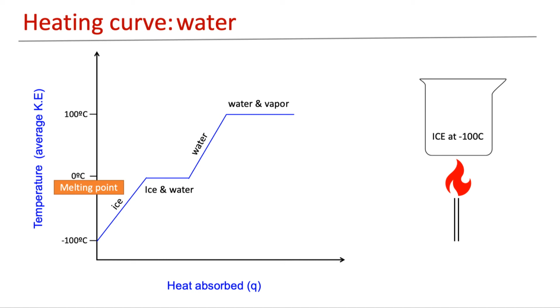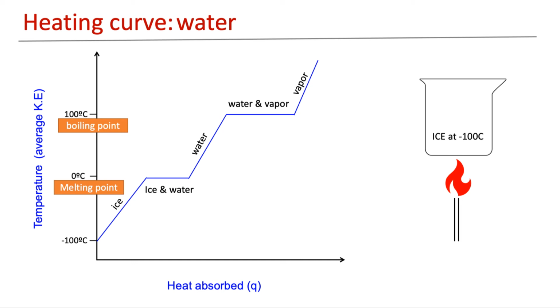The temperature at which the liquid water changes to water vapor is called the boiling point. And for water, the boiling point at atmospheric pressure of 1 atm is 100 degrees Celsius. Now, once all the liquid water is changed to vapor, the temperature of the water vapor again starts to increase linearly with heat added.